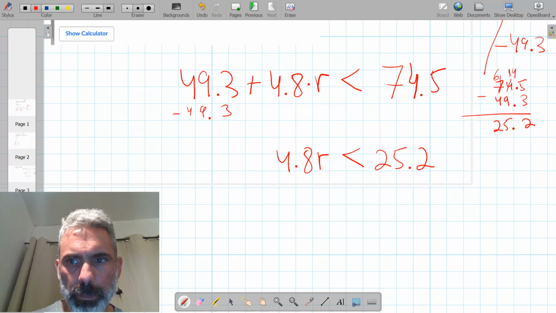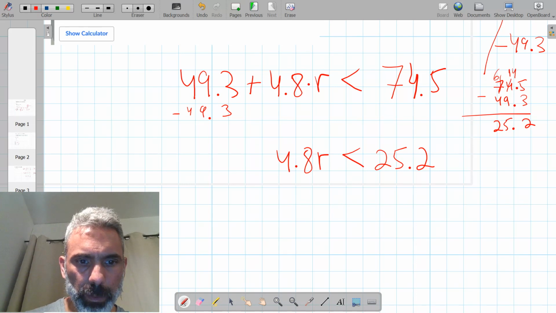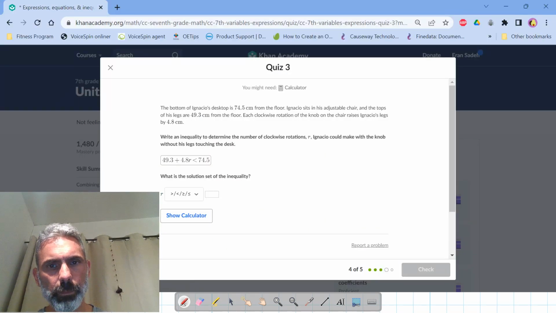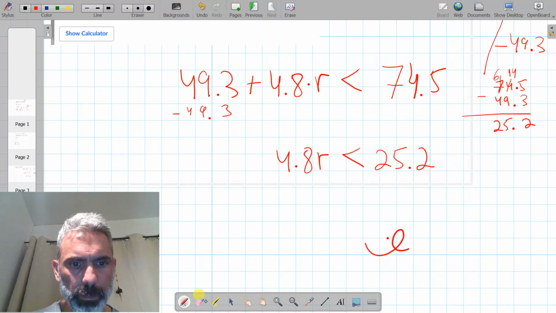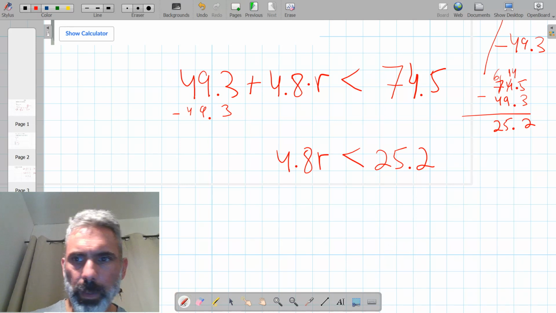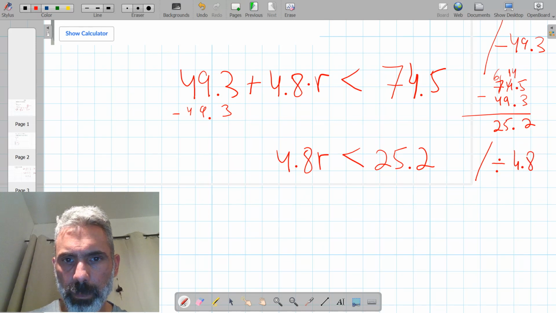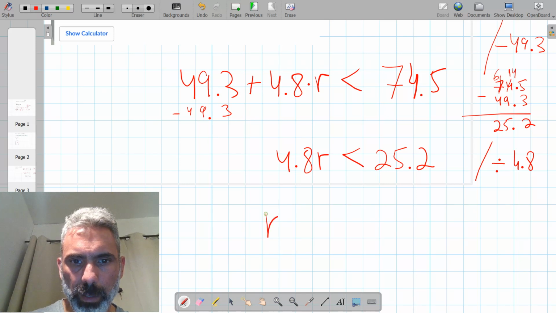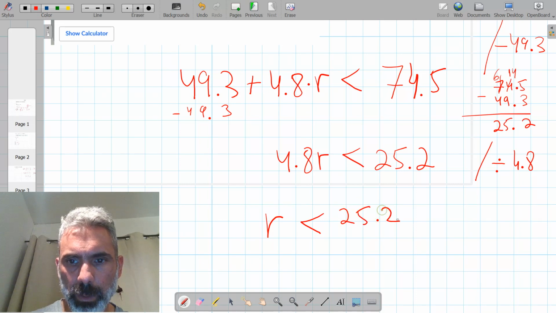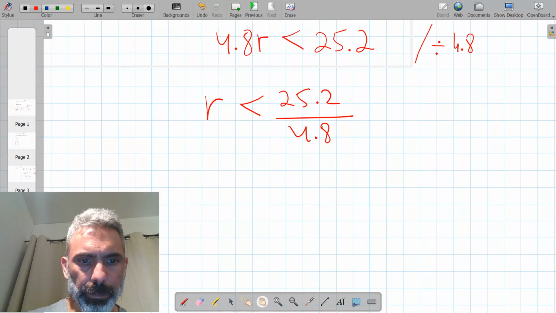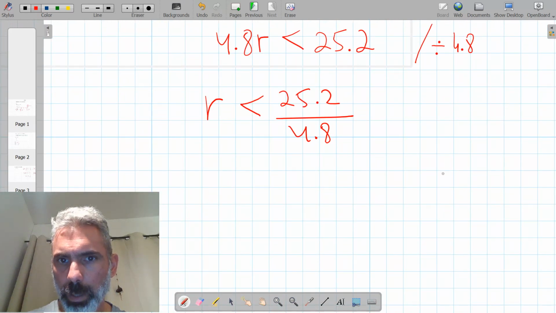And now I need to divide both sides of the inequality by 4.8 to isolate the R. So R has to be less than 25.2 divided by 4.8. Okay, let's see if I can do it with long division.